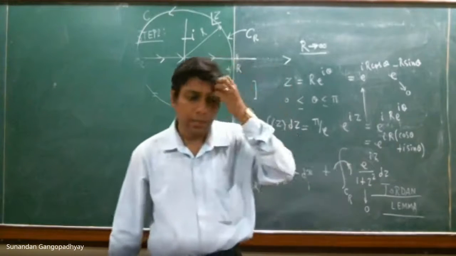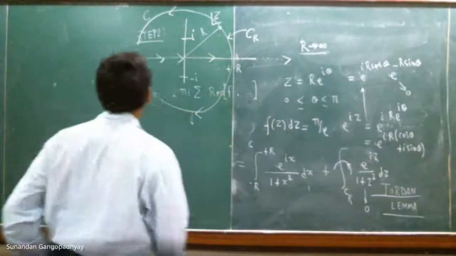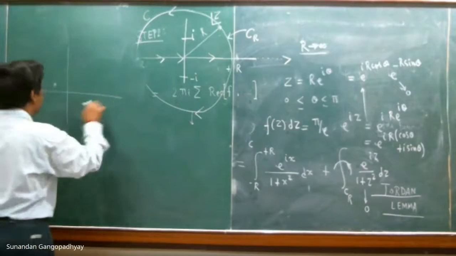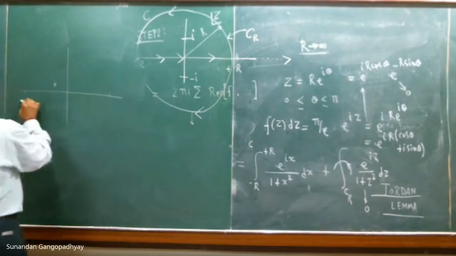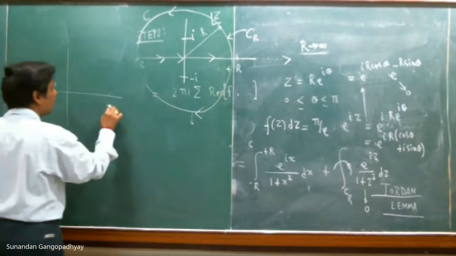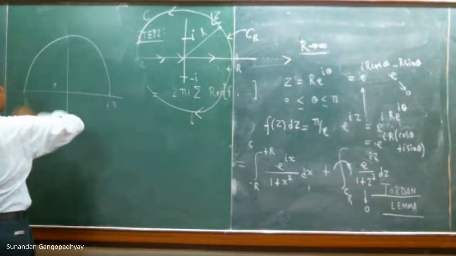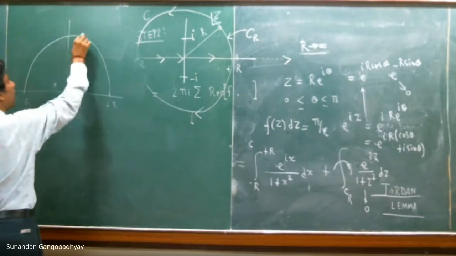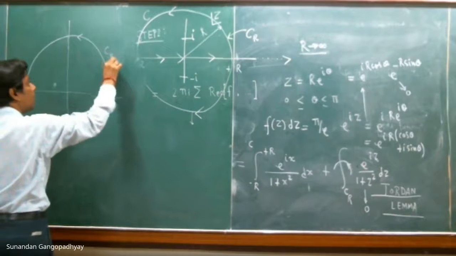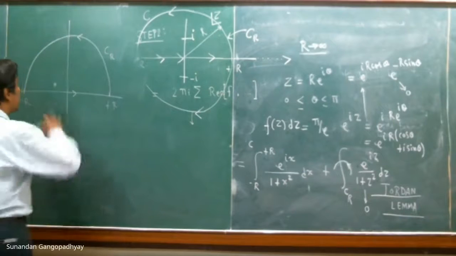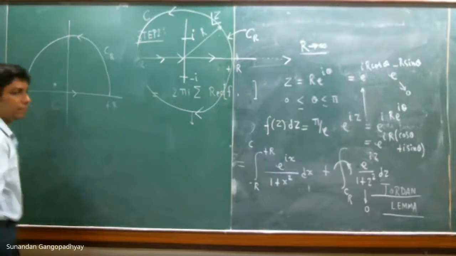So the Jordan lemma basically says that suppose you are moving along the real line from minus r to plus r, and then you close it in this way, and this part of the contour is CR, and as a whole this full contour is C. Okay.